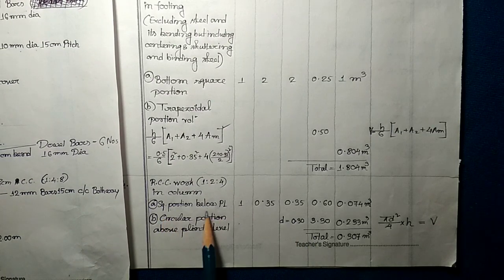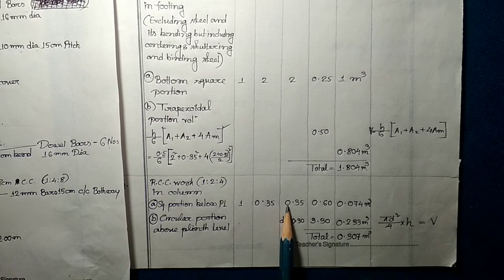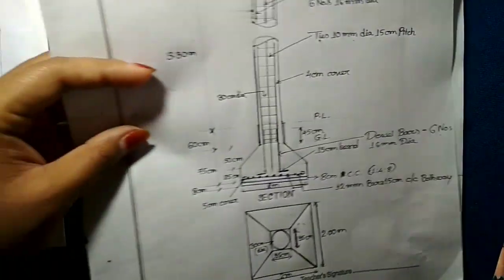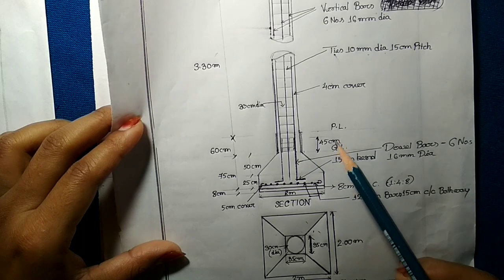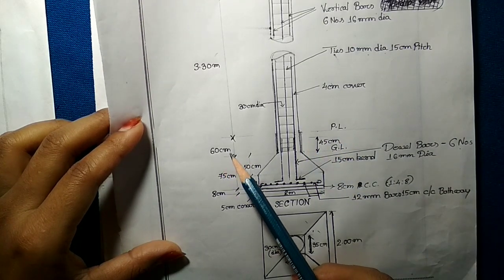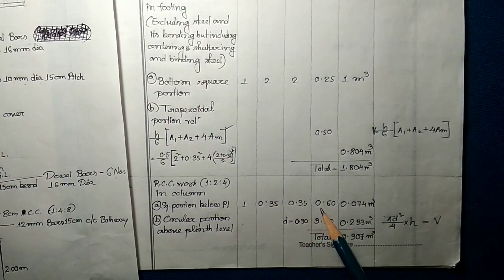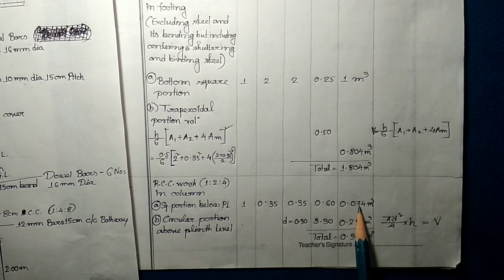So for square portion below plinth level, number will be 1, length will be 0.35 and breadth also 0.35. But the height: what is the distance between ground level and plinth level? It is 60 centimeter, that means 0.60. By multiplying all these, we can have the quantity as 0.074 meter cube, right?